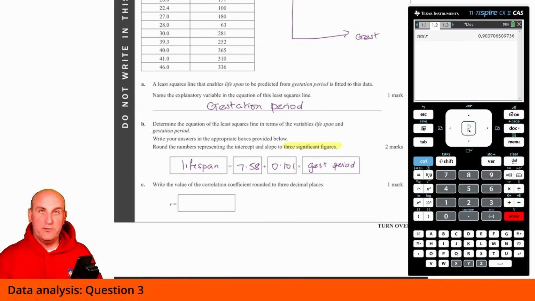And it does it whether it's positive or negative, so I don't have to worry about any of that. What happens if I square root r squared and I don't get a negative value? It's all good, it's all done for me. So if I do that, what is my value to 3 decimal places? 0.904. Ka-ching. We're on to my next question.